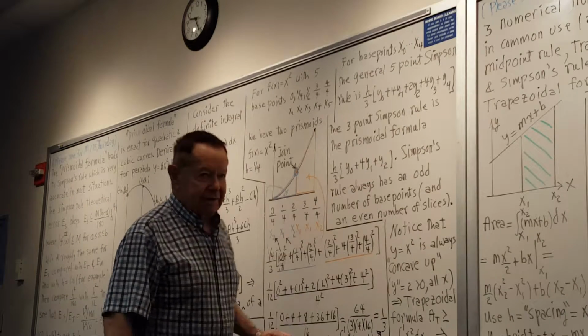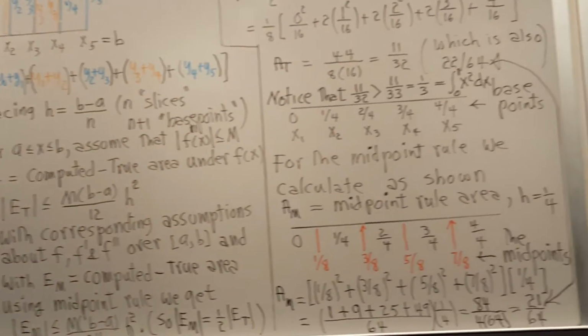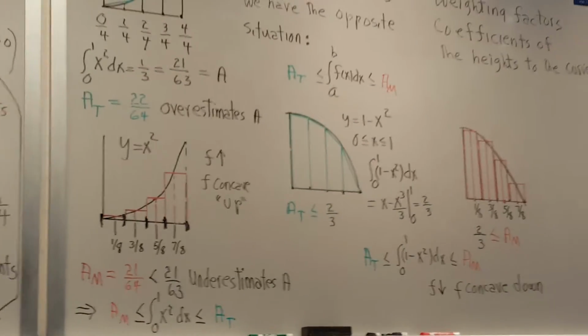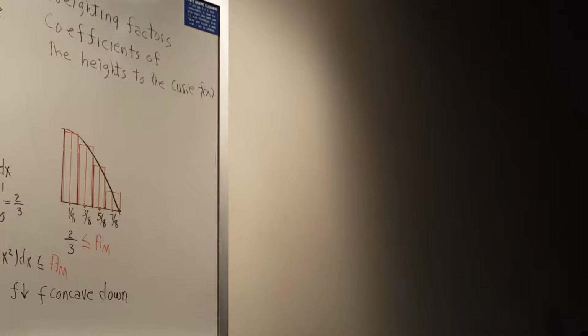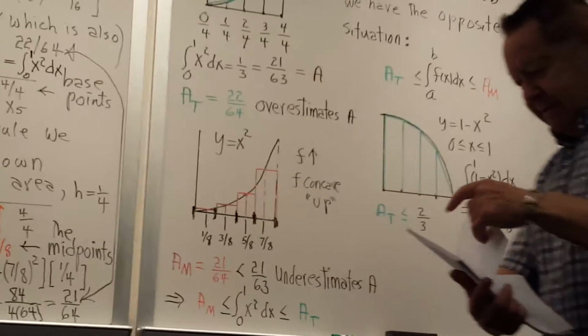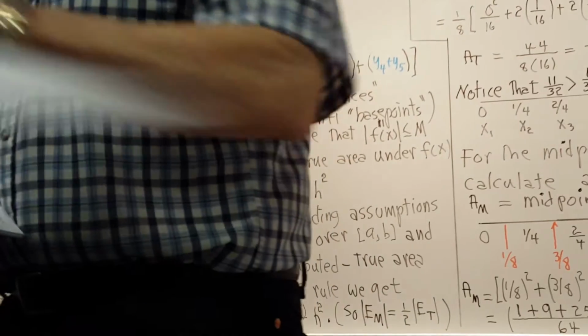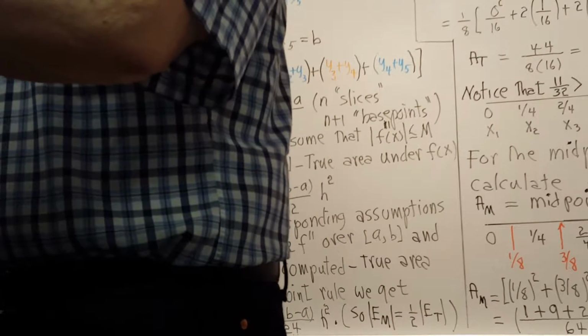So let's look at some other things here. I have a handout on comparison of midpoint and trapezoidal and Simpson rule errors.